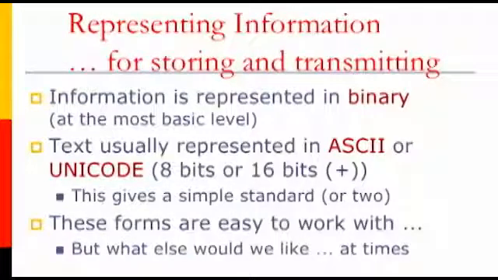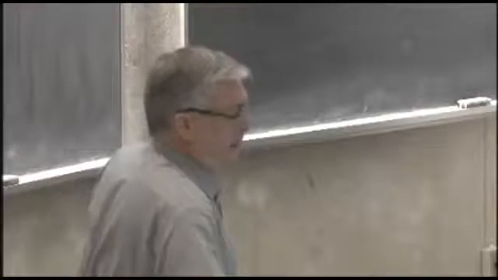And for a long time that was done. In fact, for a long time they used basically only 128 of them, in what's called ASCII code, which is American Standard Code for Information Interchange. Then, as people decided they wanted to represent characters from lots of different alphabets, they developed a thing called Unicode a few years ago.